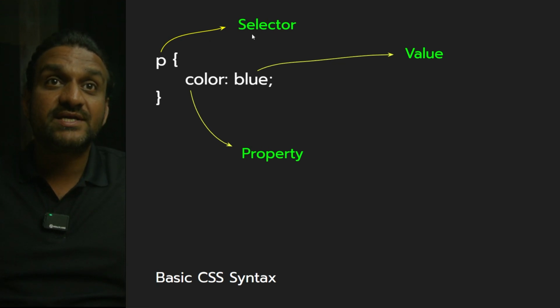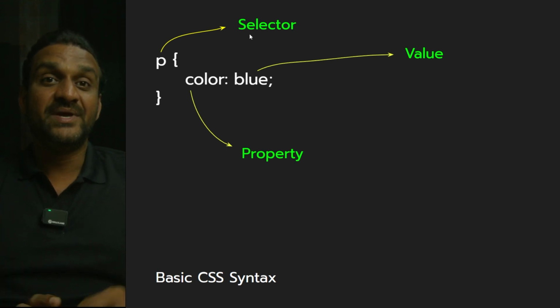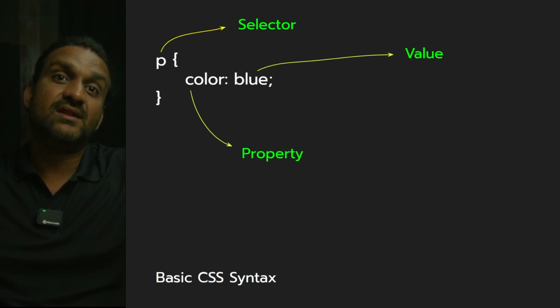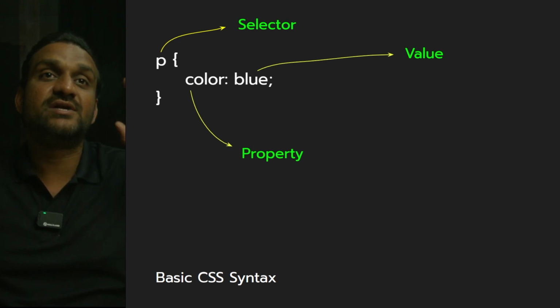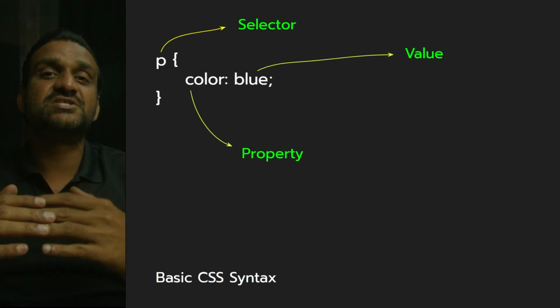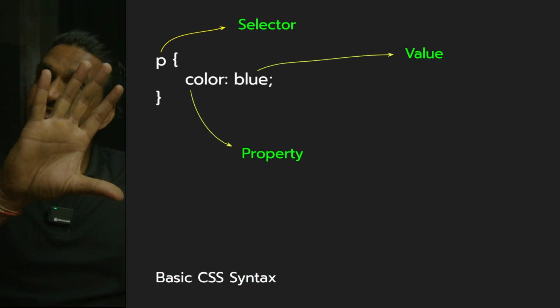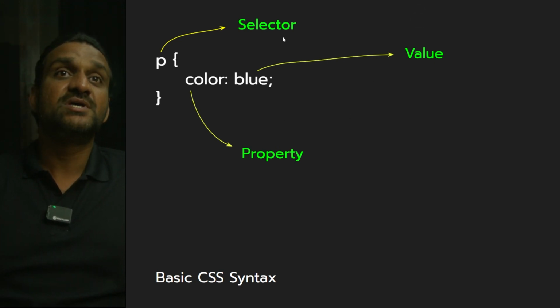This is what we call a selector. What is meant by a selector? It means selecting a particular piece of your HTML. These definitions you may not be able to understand right away, so we'll try to have a brief understanding of these concepts.